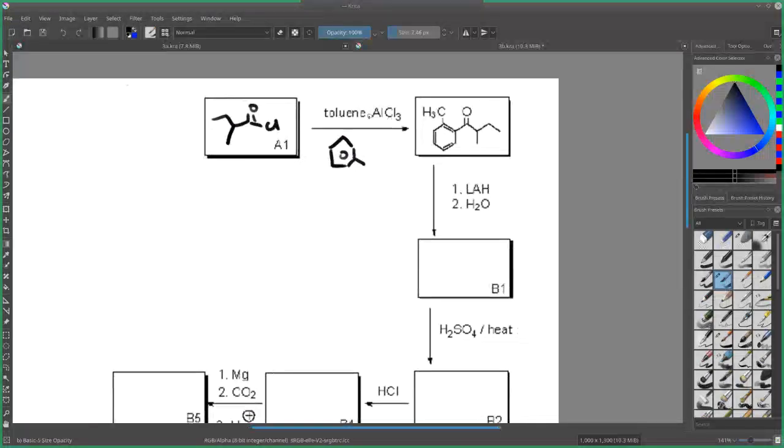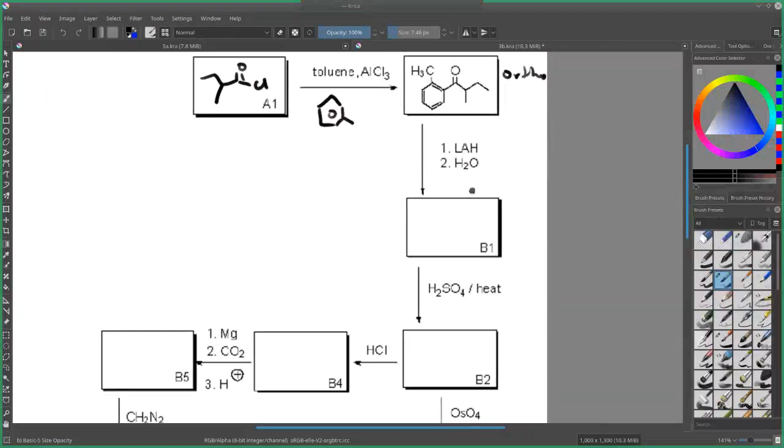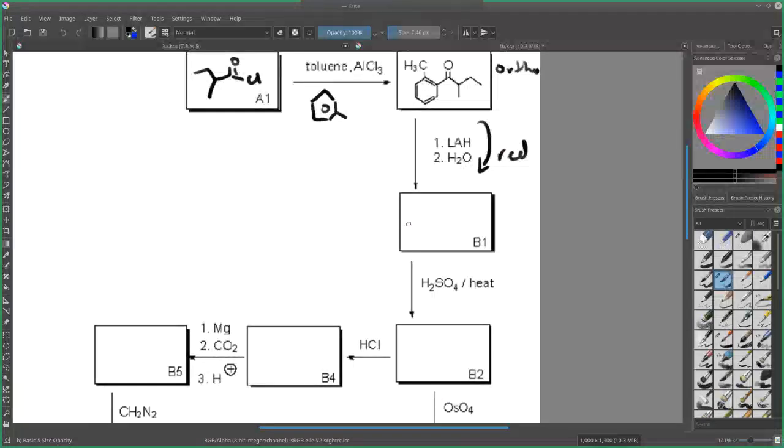And aluminum trichloride, and it'll do an ortho substitution. All right, cool. This we've seen and worked with. Okay, lithium aluminum hydride and then water. So this is a reduction. So we're reducing our ketone. That's the only thing that we have to reduce.